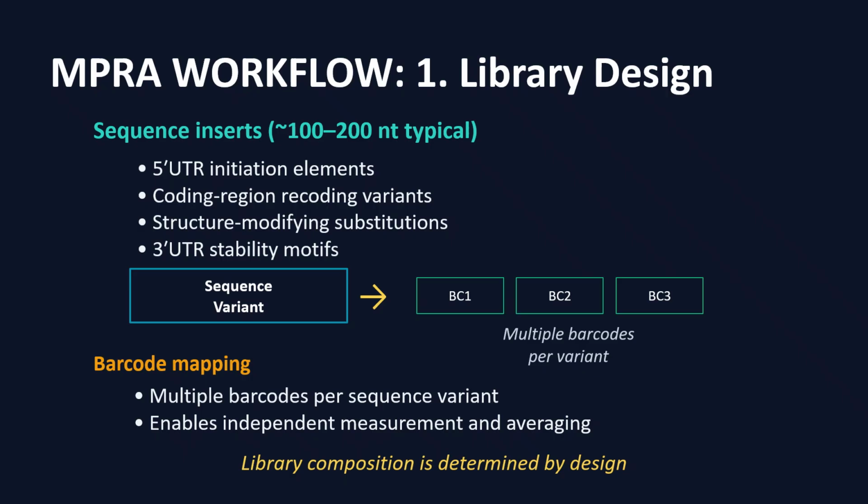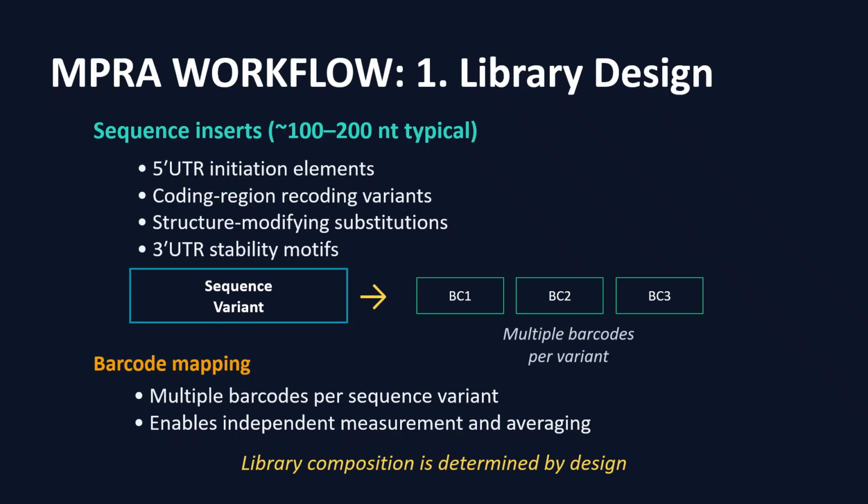So let's start with the workflow, and actually start with library design. Each construct contains a short sequence variant you want to test, typically around 100 to 200 nucleotides.